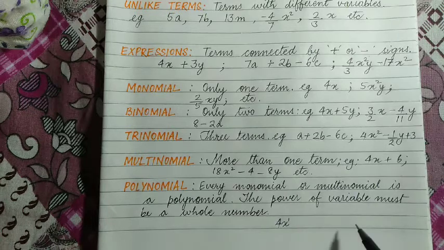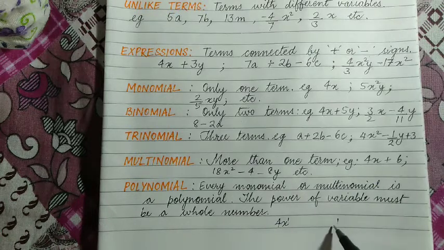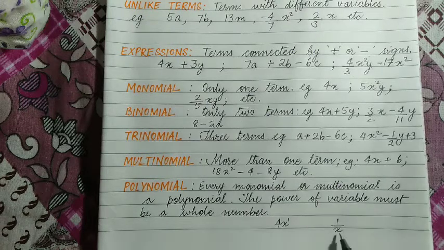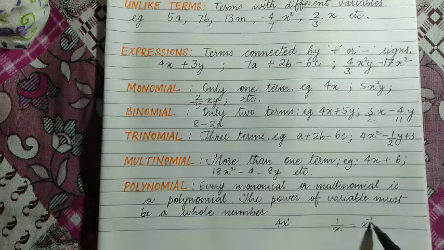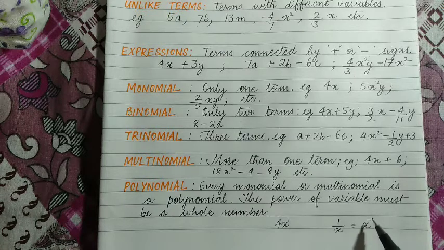But if we consider 1 by x, x is in the denominator, and if we take this x up to the numerator, the power of x becomes negative. The power of x is 1, so it becomes minus 1, and a negative number is not a whole number.